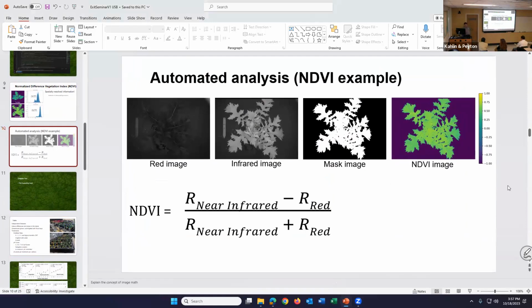In this particular system, because we have each individual pixel and its location data, we took the red image and the infrared image, used the mask image to remove the background, and then ran that equation on each individual pixel for the plant area, so we could have a full spatial image of what the NDVI is for the entire plant. So we go pixel by pixel, which is what allows us to have the quantities at the different intensities, which gives us an average for the whole plant.